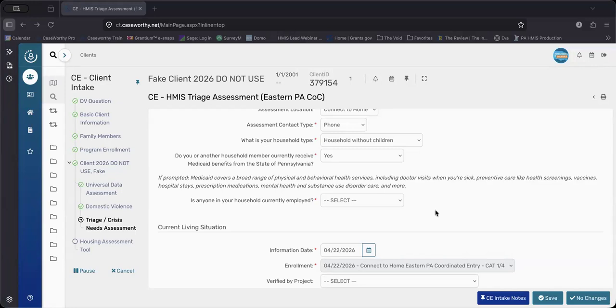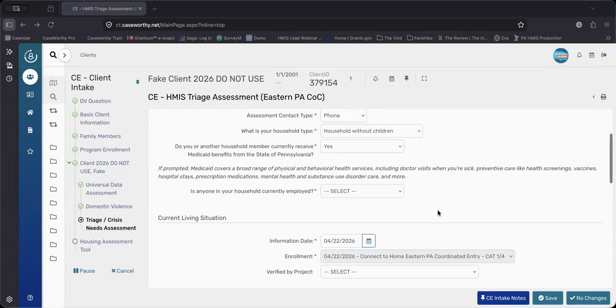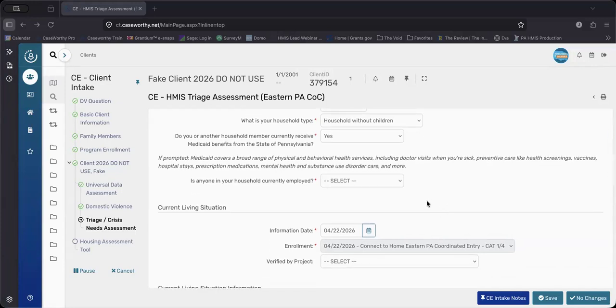Our data shows that there are more households that are employed and experiencing homelessness than one might think. I think we know the reality, but that data point helps our governing board and our CoC membership educate and raise awareness in the broader community that people experiencing homelessness have a range of backgrounds, including employment status.